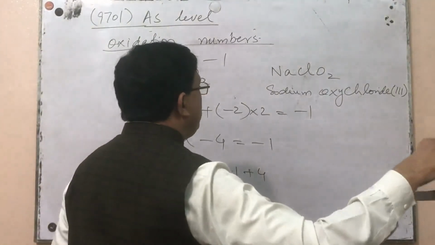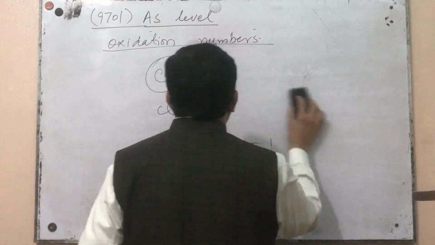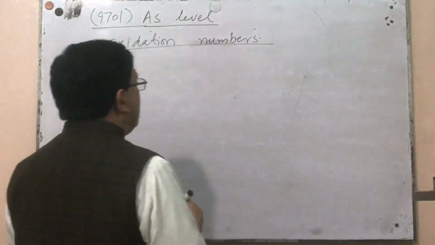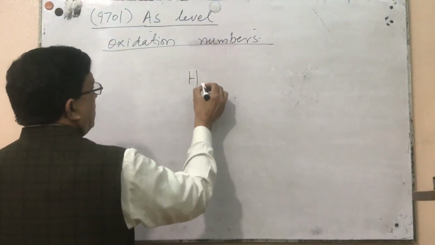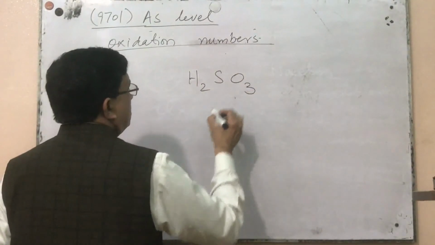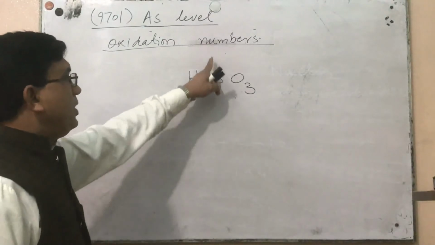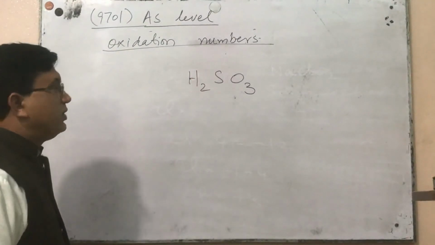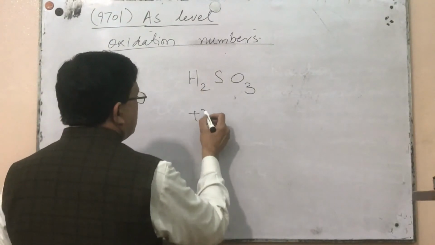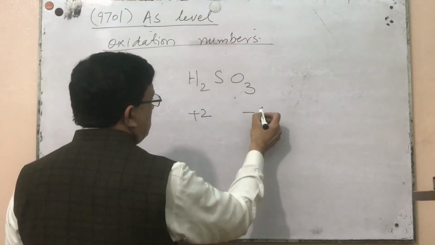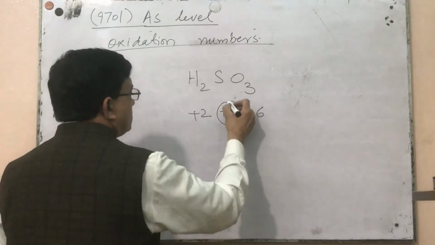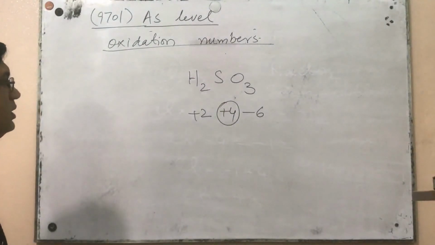Whenever we have to mention the different compounds, similarly, if I have this formula, I will first find out the oxidation state of sulfur. Here the oxidation state of sulfur is, this is +2, this is -6, automatically this will become +4. This is the oxidation state of sulfur.